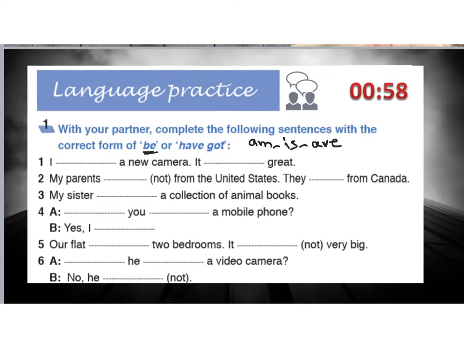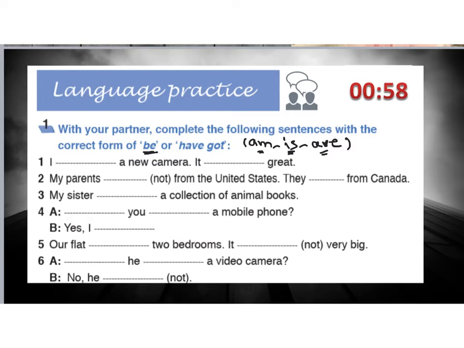When the subject pronoun is I, I take am. When the subject pronoun is he, she or it, the verb should be is, verb to be. And when the subject pronoun is you, we or they, I take are. I say I am, you are, we are, they are, he is, she is, it is.